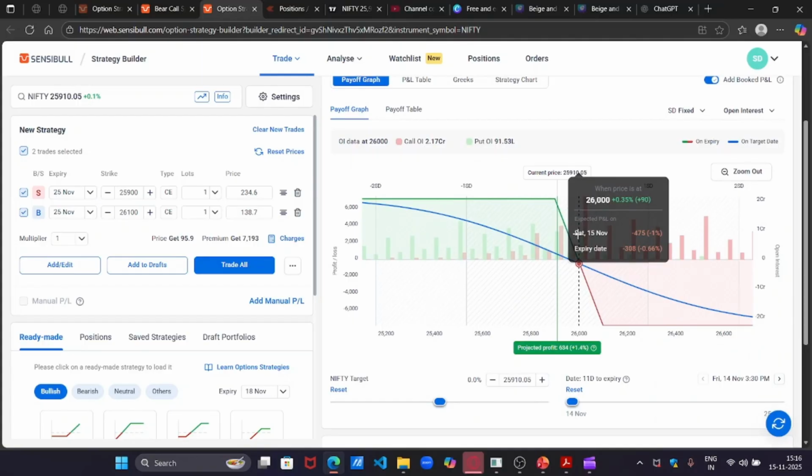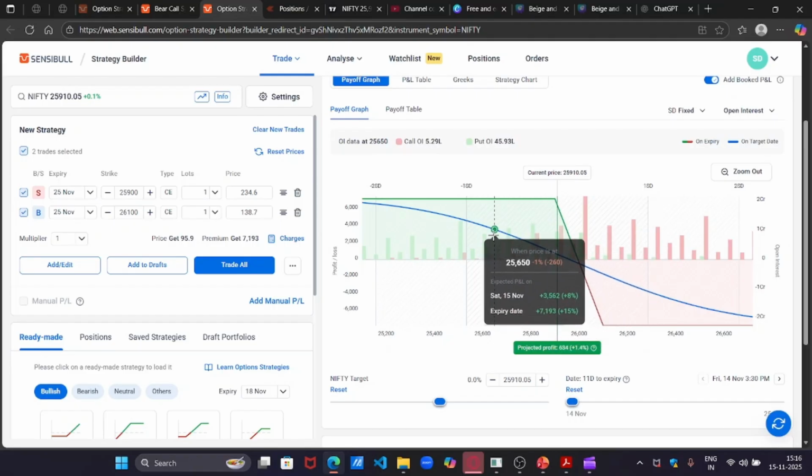At 26,000, I am having on the expiry date 308 rupees loss, right? If my view is bearish and the market should go downward, so if it closes below 26,000, as soon as it goes below 26,000 it is giving me a profit and there is no loss here.